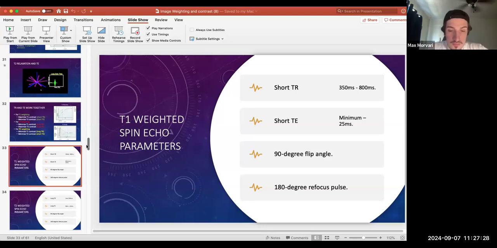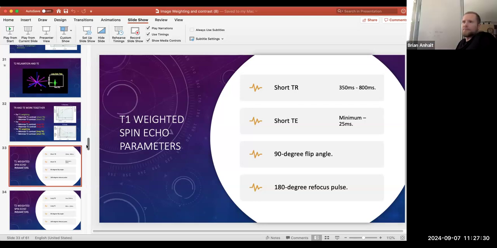So we can't have a TE of 0 at this point. We have to allow for that decay to happen and then refocusing. But if we do it very quickly, I've seen, on a spin echo sequence, the lowest TE be around 5 milliseconds or so. You can get lower for gradient echoes.